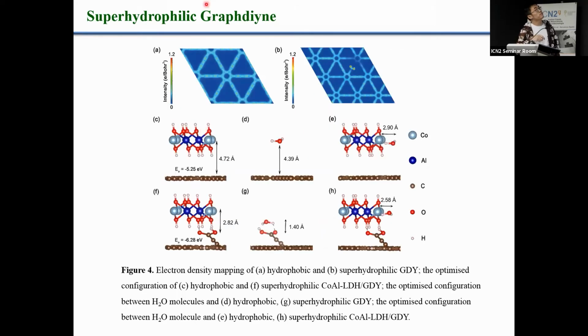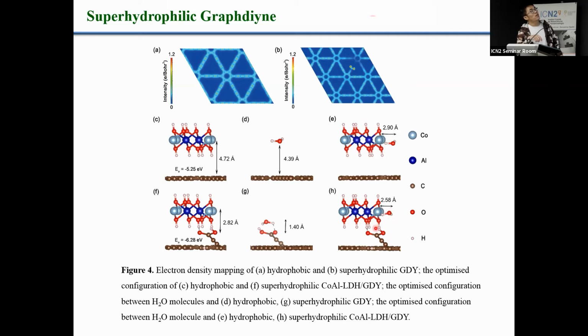And we also used DFT calculations to explain the reason for the enhanced activities. We can see that after we introduce the C-OH group, it can attract the water molecules closer, and it also can shorten the distance between the catalyst and the water molecules.